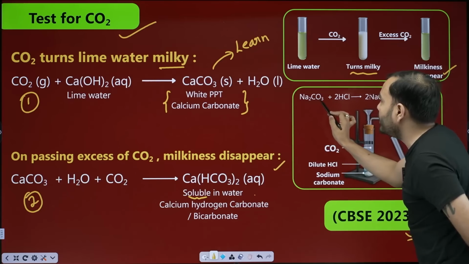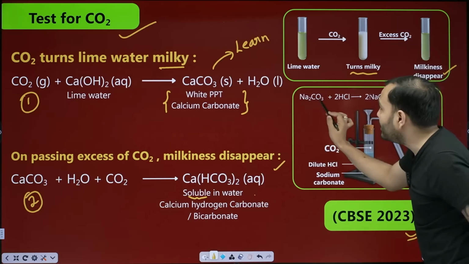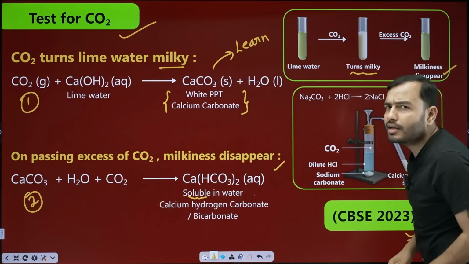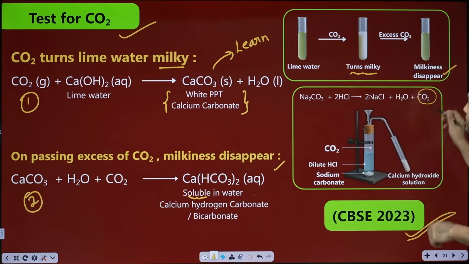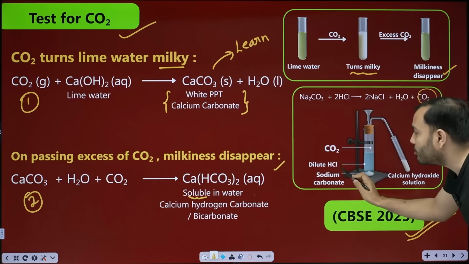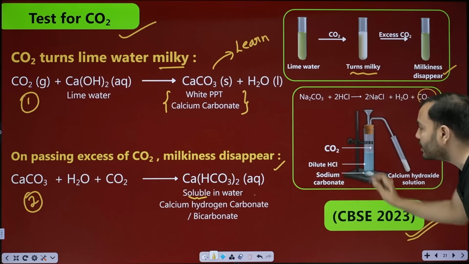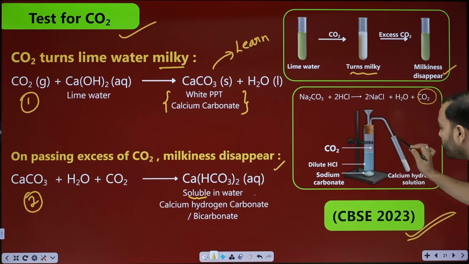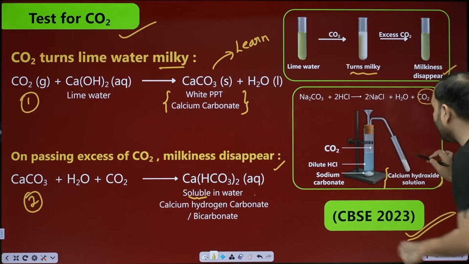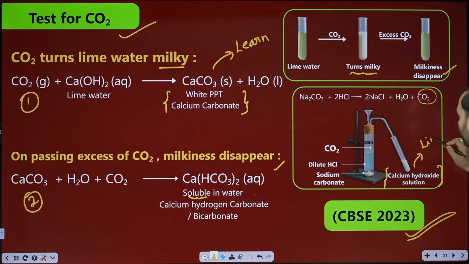The question was about metal carbonate and acid. What does a metal carbonate with acid give out? Carbon dioxide gas comes out. So sodium carbonate with acid gives carbon dioxide, which is passed into calcium hydroxide, that is, lime water. They ask what will happen to the lime water.